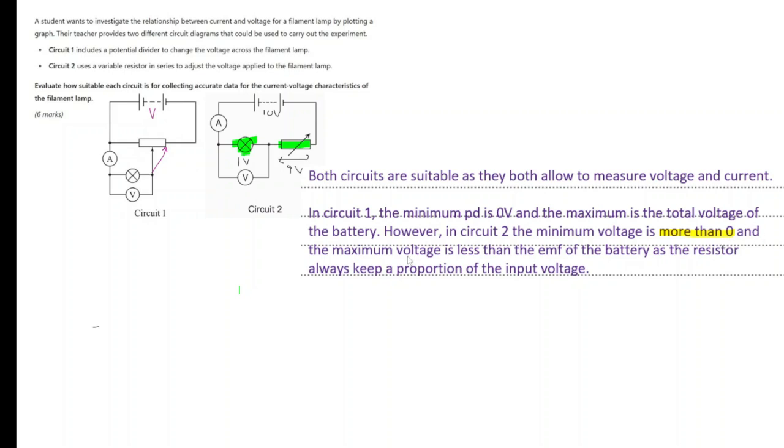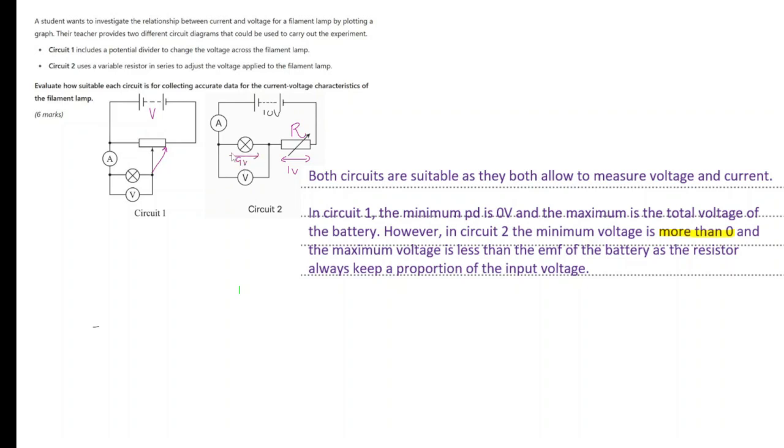And the maximum voltage is less than the EMF of the battery, as the resistor always keeps a proportion of the input voltage. Now, if you want to get the maximum PD across the light bulb, you need to slide the variable resistor to the lowest possible value. But still, it has a certain value. So this might keep, let's say, 1 volt across it, so the bulb will have 9 volts.